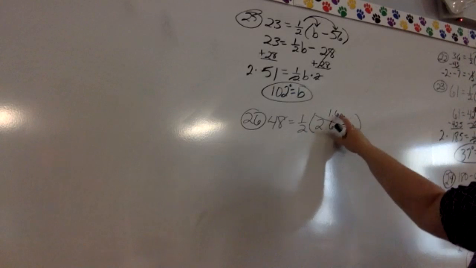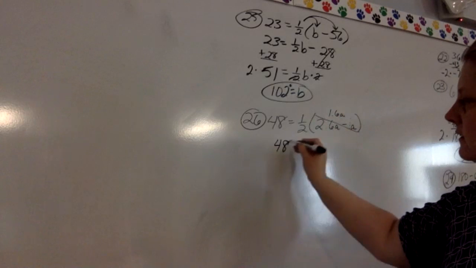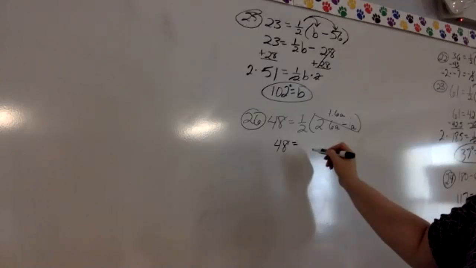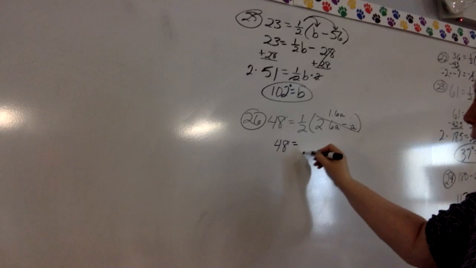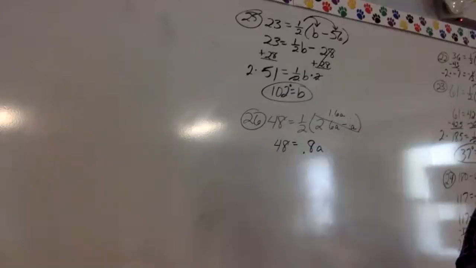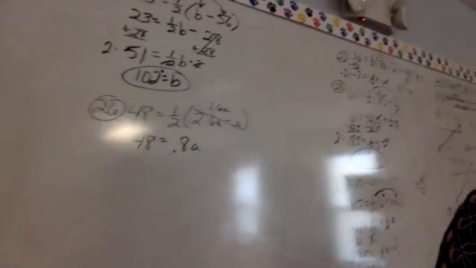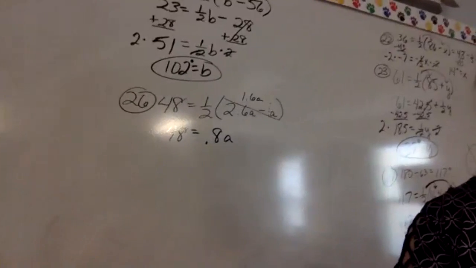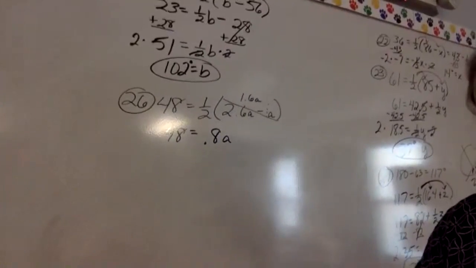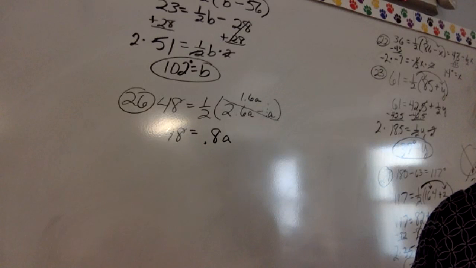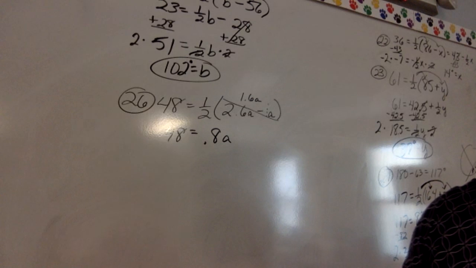And then half of 1.6 is, what's half of 16? 8. So it's 0.8A. Now, how do I get rid of the 0.8 in front of the A? When a number's right next to the variable, you get rid of multiplication by division.